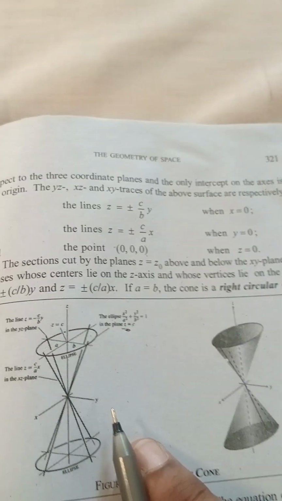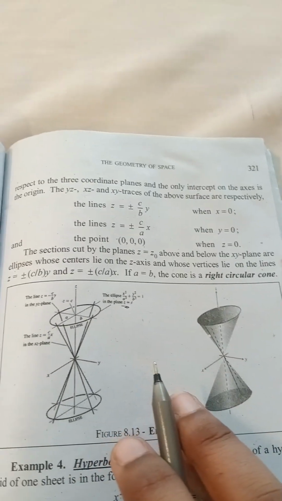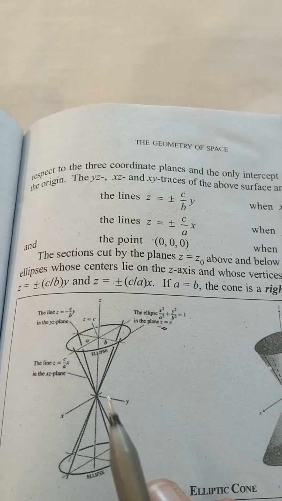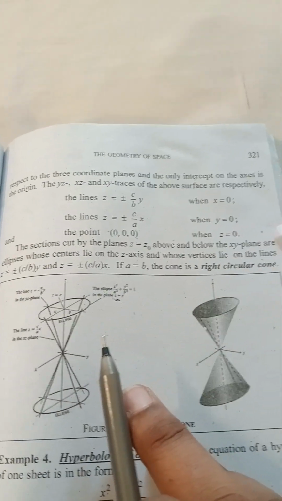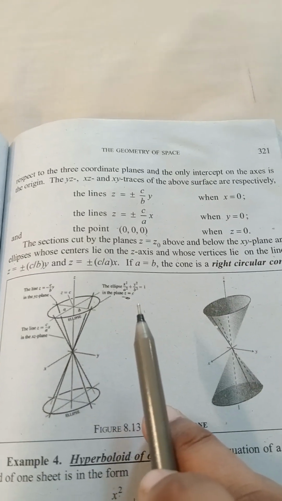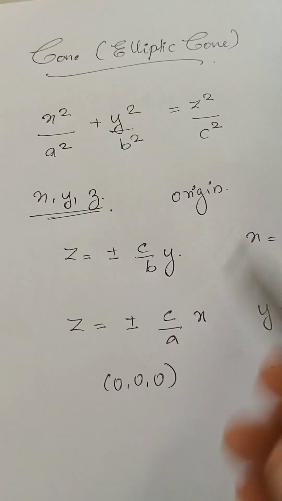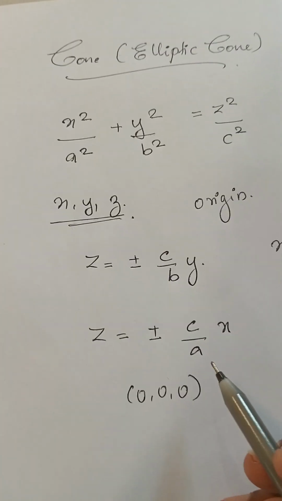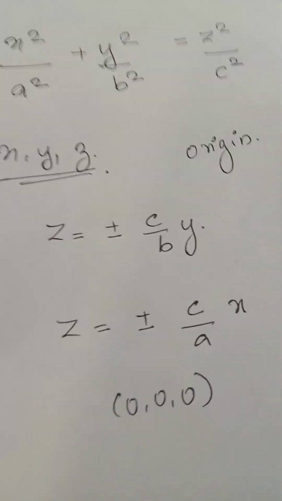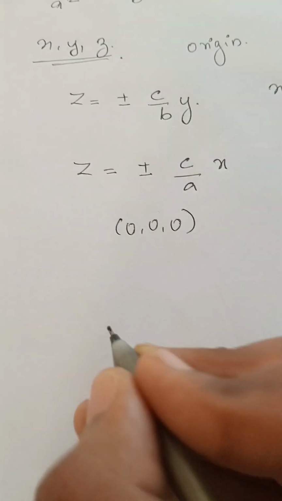So we understand that the sections cut by the plane z is equal to z naught, and below the xy plane, are ellipses. These are the cut sections, ellipses whose centers lie on the z-axis and whose vertices lie on the two lines we discussed: z is equal to plus or minus c by b y, and z is equal to plus or minus c by a x.